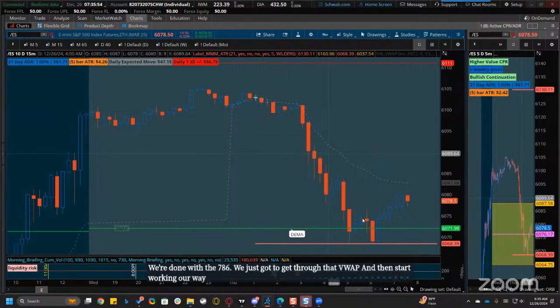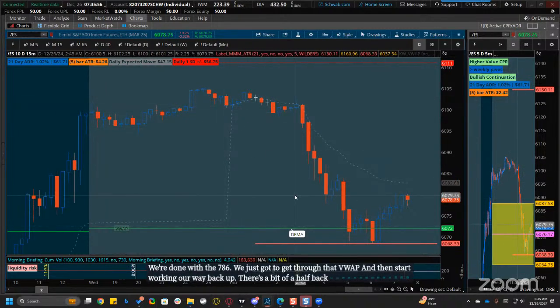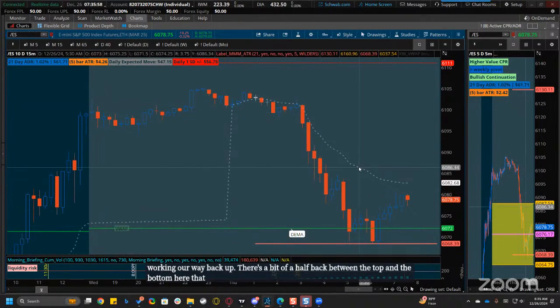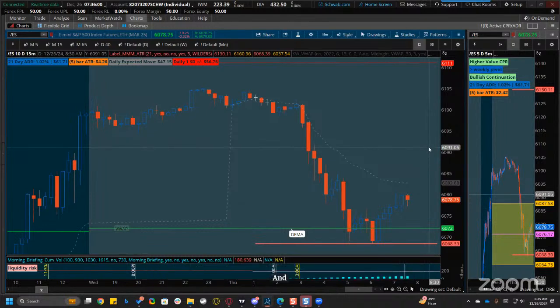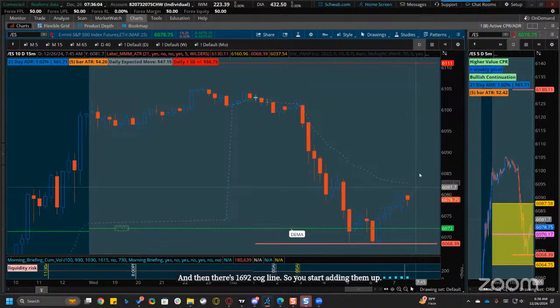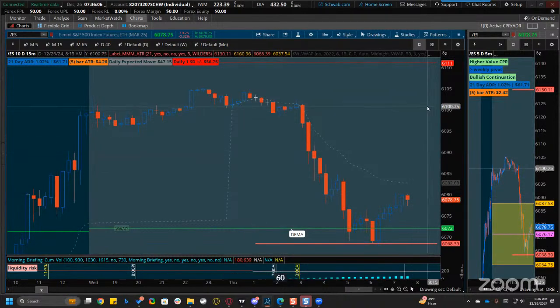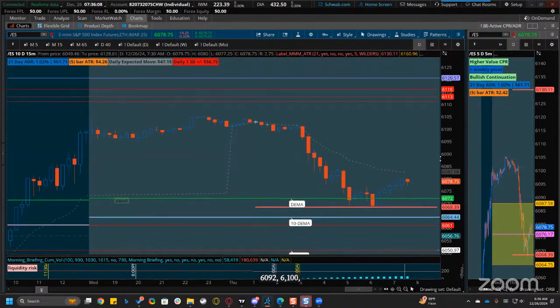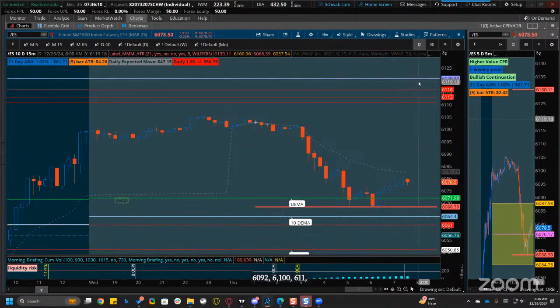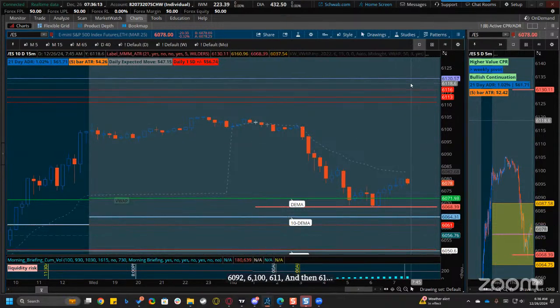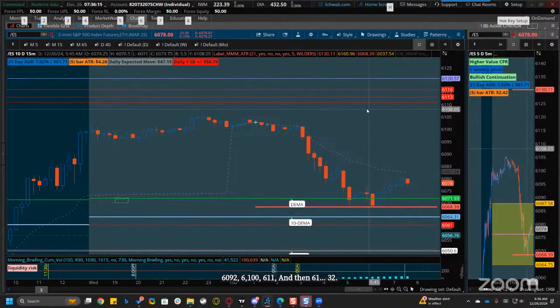There's a bit of a half back between the top and the bottom here that you could focus on as well. And then there's 6092 cog line. So you start adding them up, 6092, 6100, 6111, and then 6132, step by step, right?